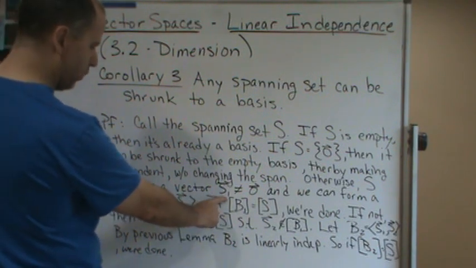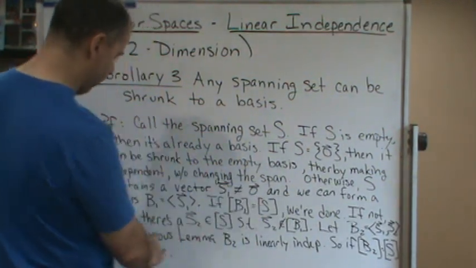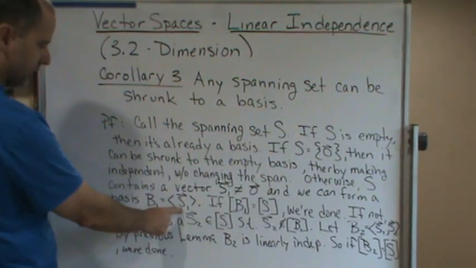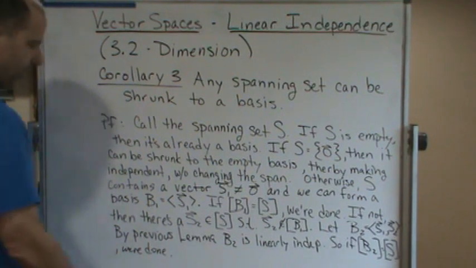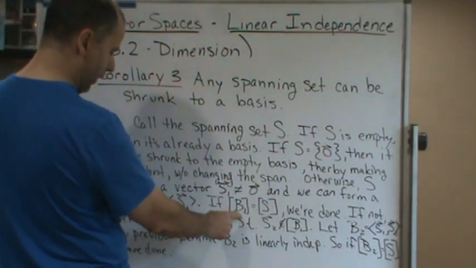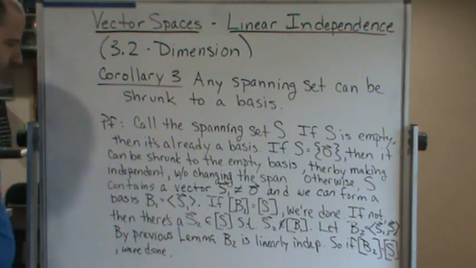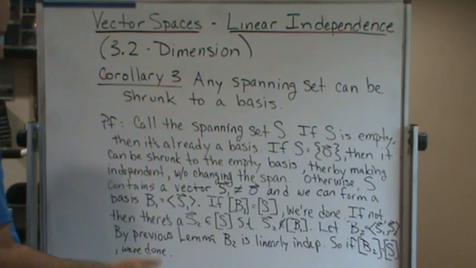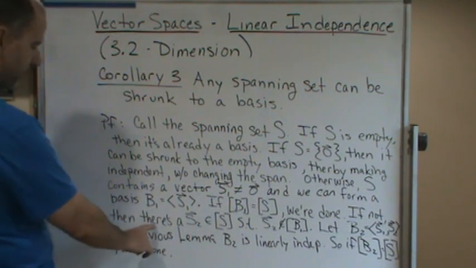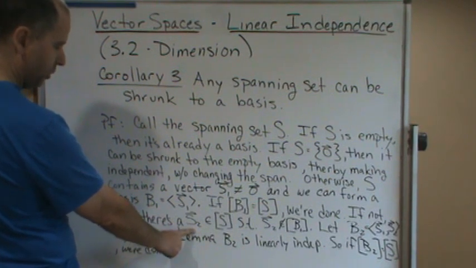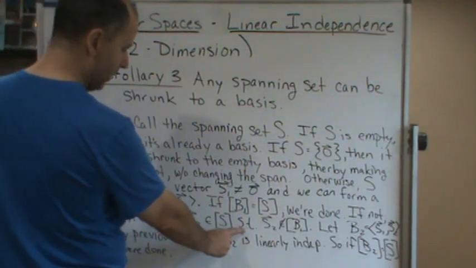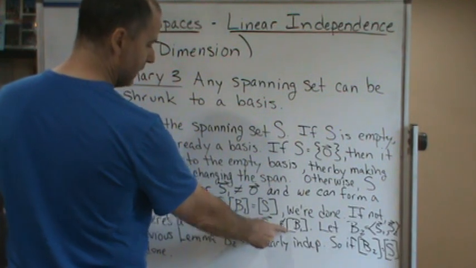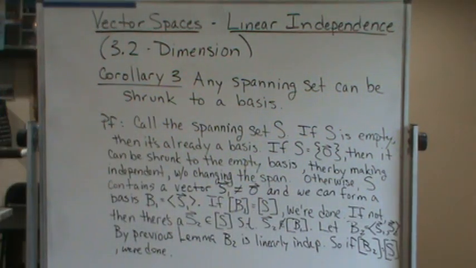Otherwise, S contains a vector S1 that's not equal to 0, and we can form a basis B1, which just contains S1. Then again, if the span of B1 is equal to the span of S, then we're finished. Otherwise, if the spans are not equal, then there's another vector S2 in the span of S such that it's not in the span of B1.